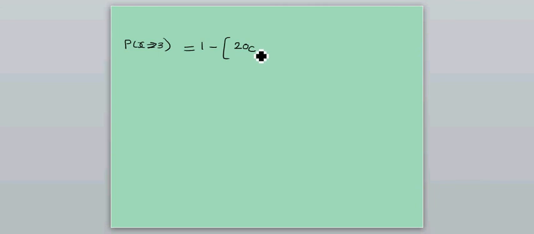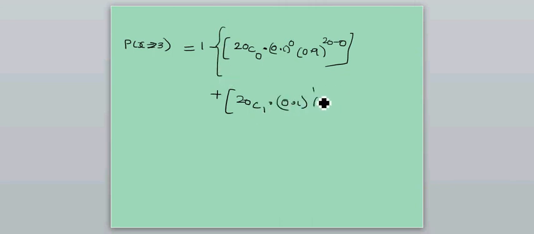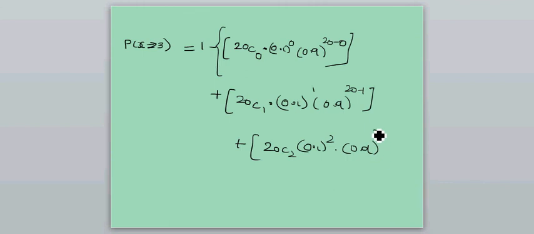That means 20C0 into 0.1 power 0, q value is 0.9 power 20 minus 0, plus 20C1 into 0.1 power 1 into 0.9 power 20 minus 1, plus 20C2 into 0.1 power 2 into 0.9 power 20 minus 2.